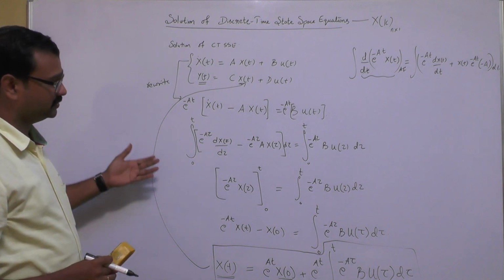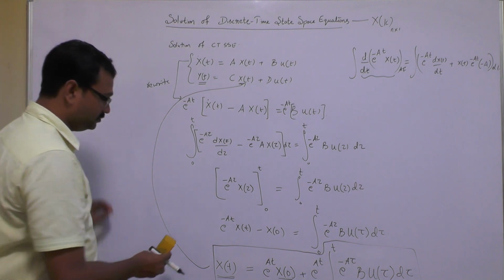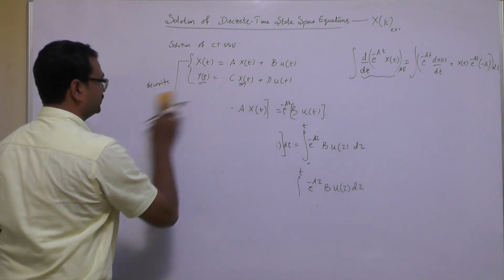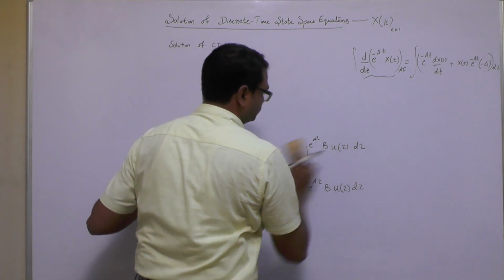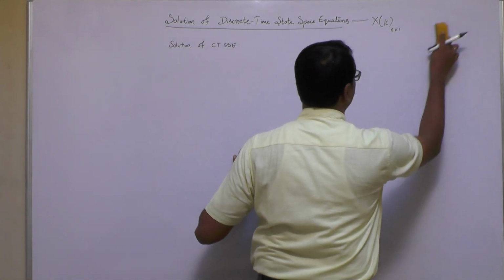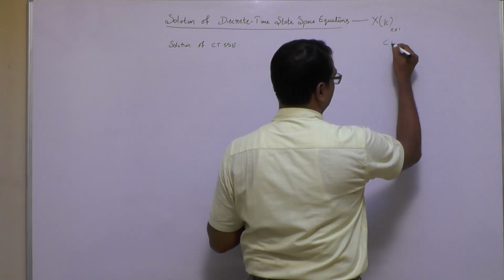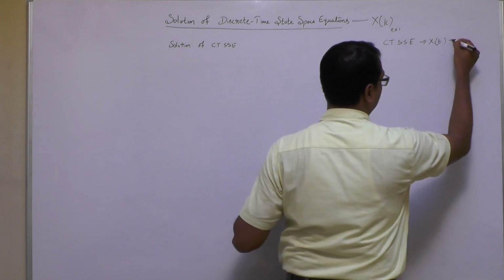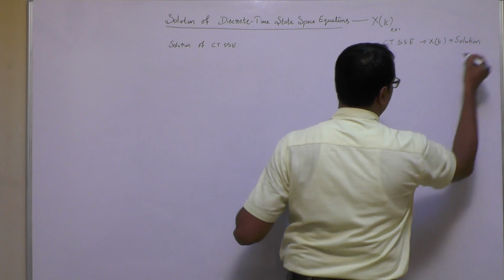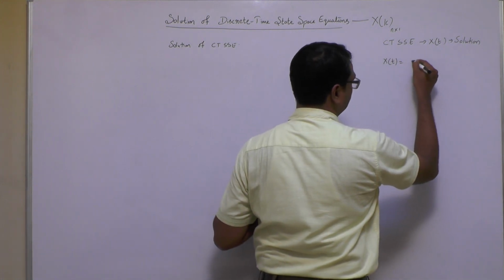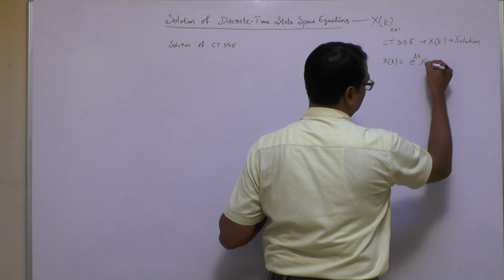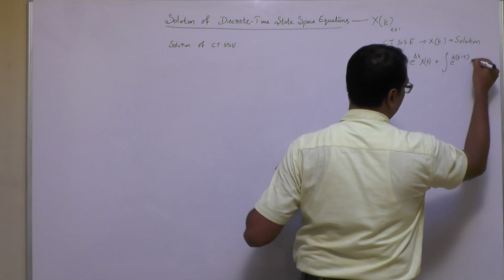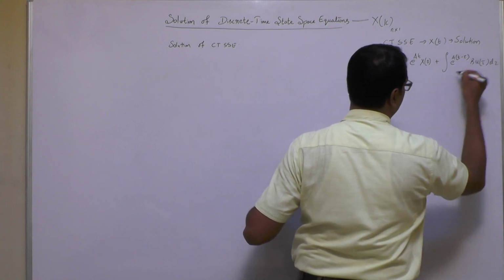Now let us see how to carry this over to the discrete time state equation. In a similar way, we will be getting a result. For the continuous time state space equations, the solution we got is x(t) equal to e^(At) x(0) plus integral from 0 to t of e^(A(t-τ)) B u(τ) dτ.